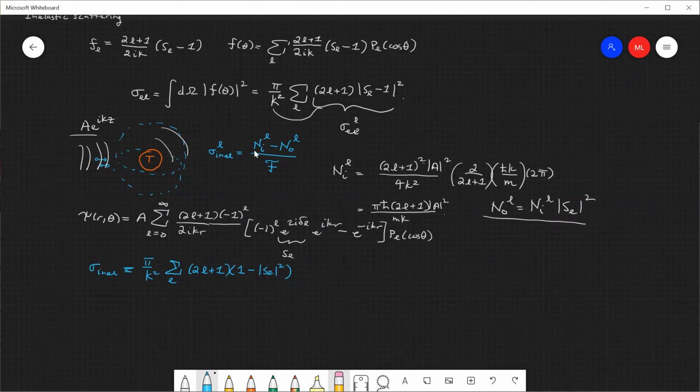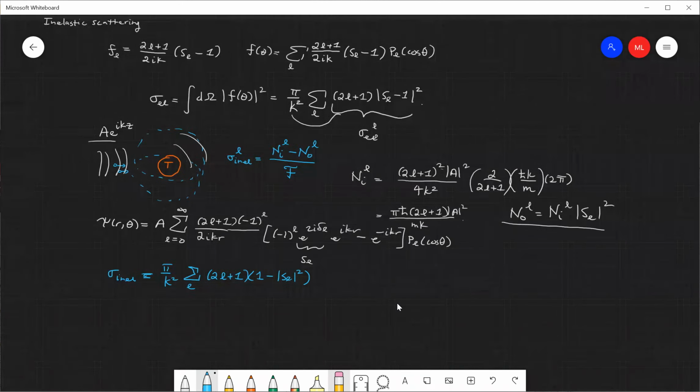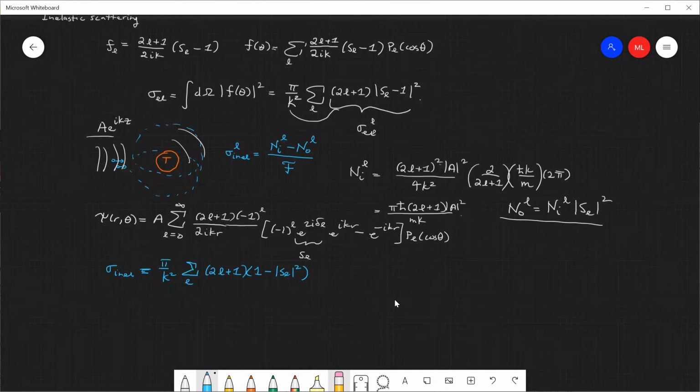The number of stuff coming in minus the number of stuff coming out. That's 1 minus, that's the number of stuff coming in divided by the flux, 1 minus the magnitude of S sub l squared. So that's what it must be, just from using that formula.